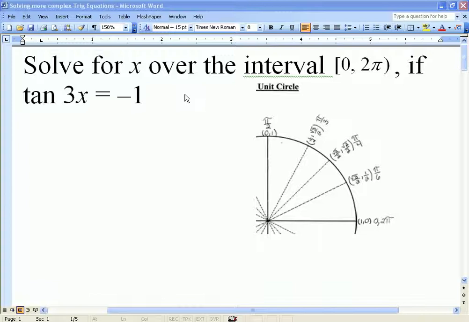Our next question is, in which quadrants could 3x lie? Because tangent is periodic every pi radians, if my answer, as it is in this case, is in quadrant 2 and 4, we do not have to solve for both quadrant 2 and quadrant 4, because if we just add pi to quadrant 2, we land up in quadrant 4.